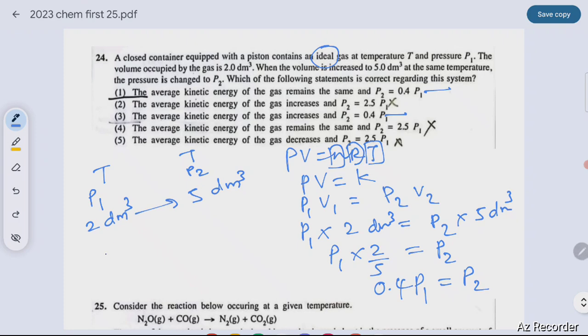Average kinetic energy depends on the absolute temperature, which means the temperature in Kelvin. Here the absolute temperature is the same; it is not changed. Therefore the average kinetic energy of the gas remains the same. Therefore the answer is 1 for the 24th question. Answer is 1.